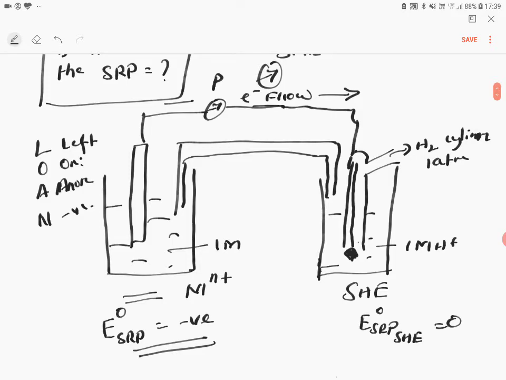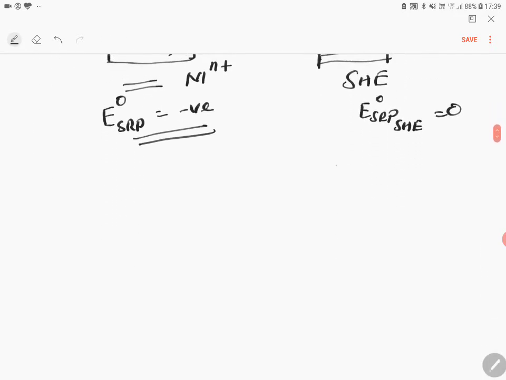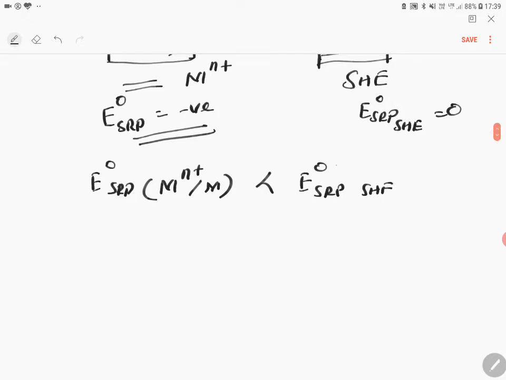Therefore, based on this experiment, we are fixing that E naught SRP of metal, M n plus bar M, is less than E naught SRP of SHE.